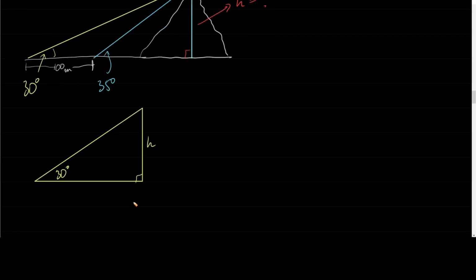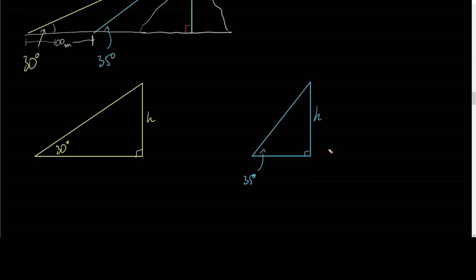All right. Then we've got this blue triangle that is actually shorter. So it should be something like this. Let's make that a nice right triangle. All right. So we got this triangle where this angle now is 35 degrees. And we're looking for this height. But what else do we know?